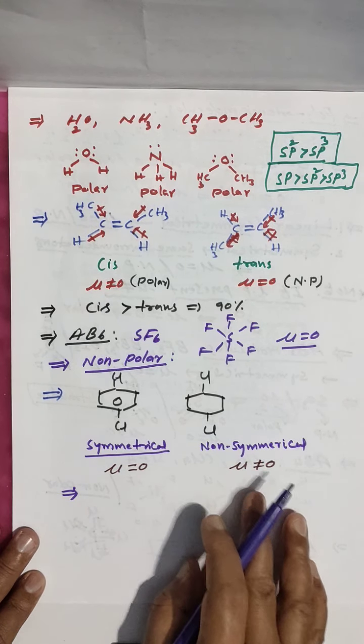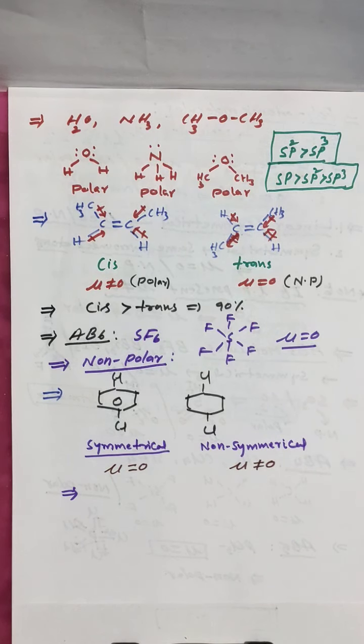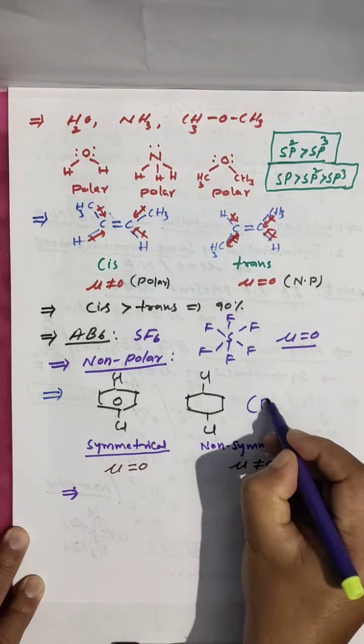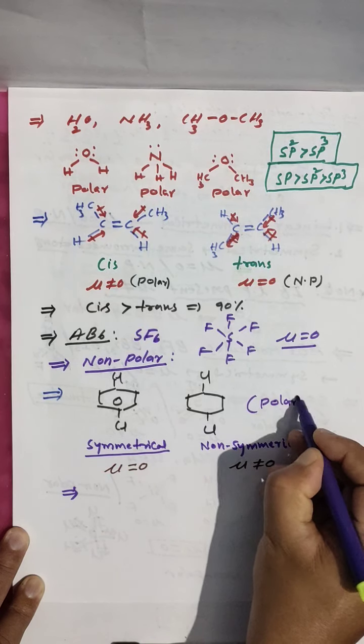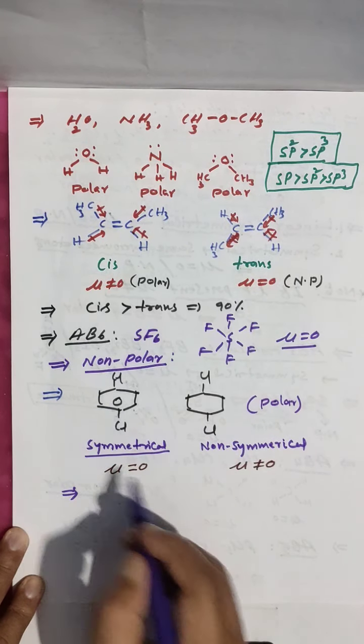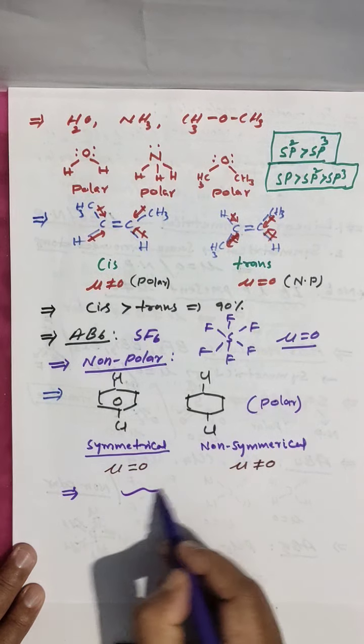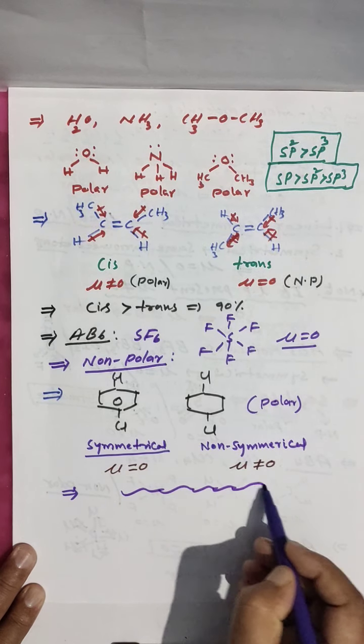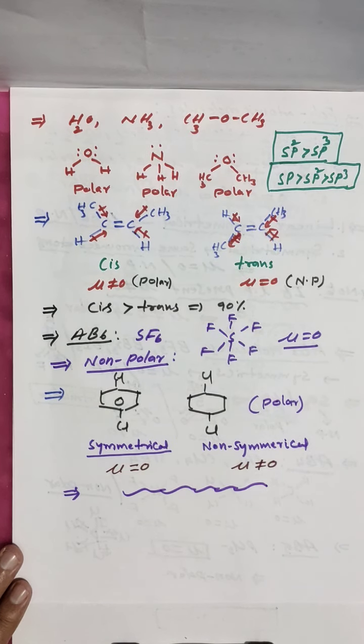But here net dipole moment is not equal to 0, which means this is completely polar in nature and this is non-polar in nature. Like this, you can go for dipole moment and polar, non-polar.